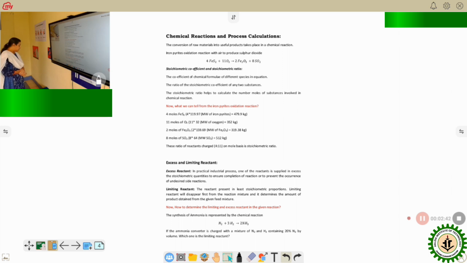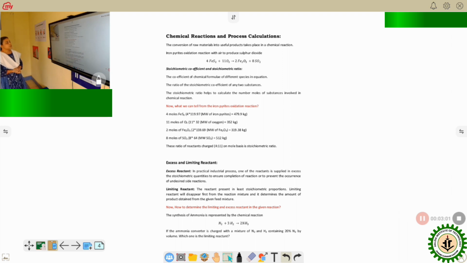The stoichiometric ratio helps to calculate the number of moles of substances involved in chemical reactions. Now, what can we tell from the above equation, the iron pyrites oxidation reaction?